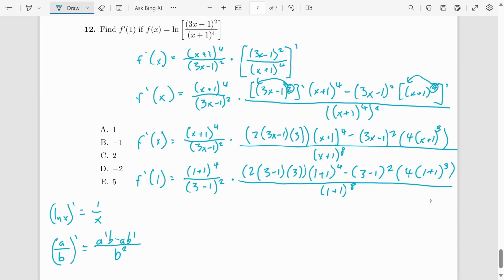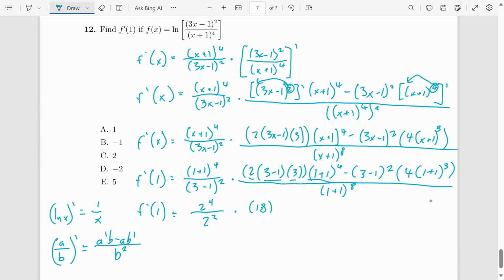All right, so doing this now, we get f prime of 1 equals, it's going to be 2^4 all over 2 squared times, all right, so this is going to be 2 times 2 times 3. That is going to be 6 times 3, that's 18.